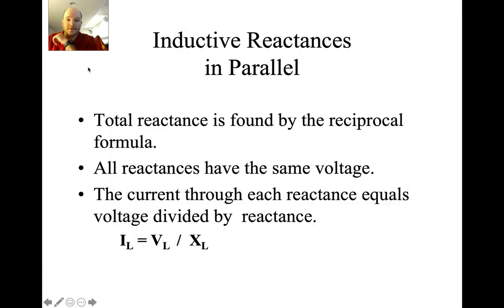Okay? And then if we wanted to find the individual currents, we could just take the voltage, which in a parallel circuit, voltage is the voltage is the voltage, and divide that by the inductive reactance, and we would find the individual currents there.